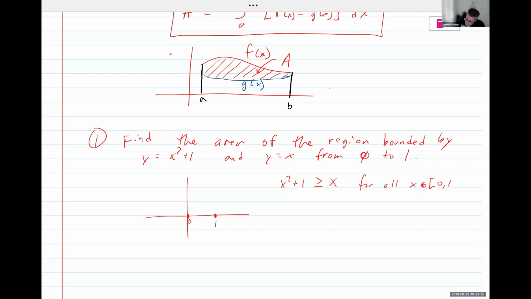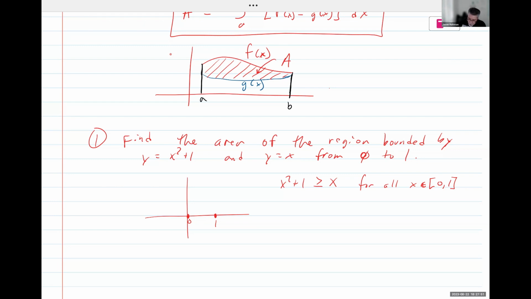We use this symbol as an element, so it's an element of that set of numbers from 0 to 1, that region from 0 to 1. So for all the values, that one is bigger. So we know that x squared plus 1 is going to be on top.